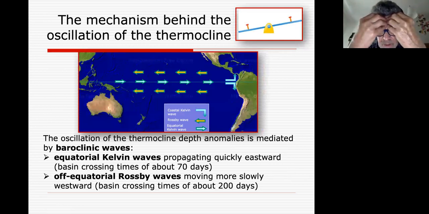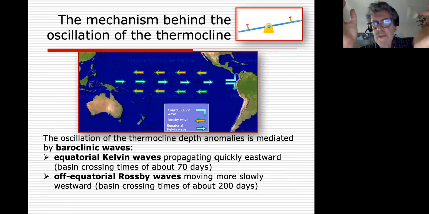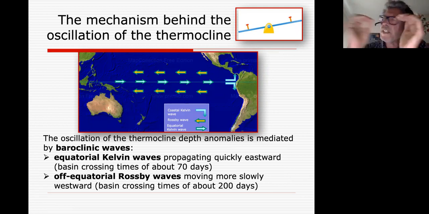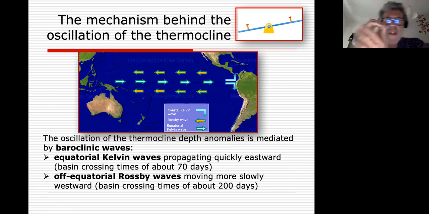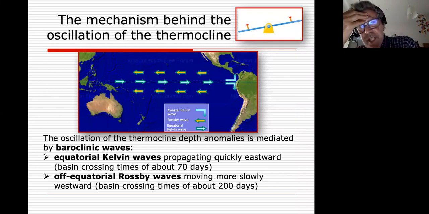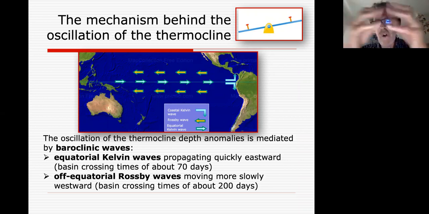We talked about water masses, temperature, SST, and exchange with the atmosphere. But now we want to go into more detail on the physics of the ocean that is involved in this mechanism.